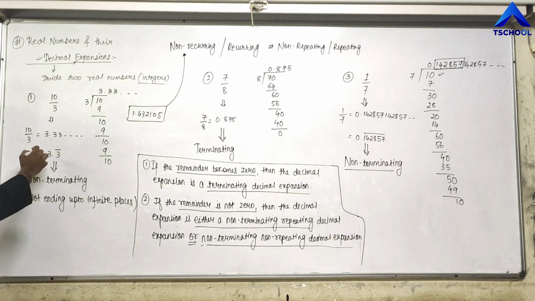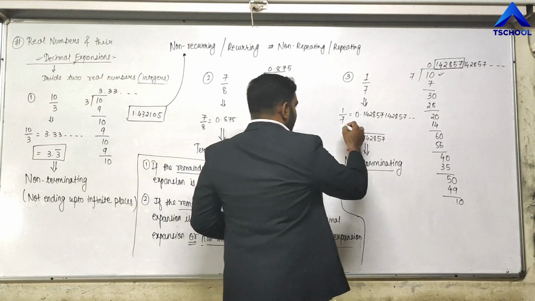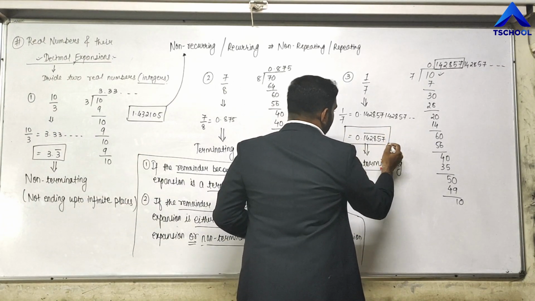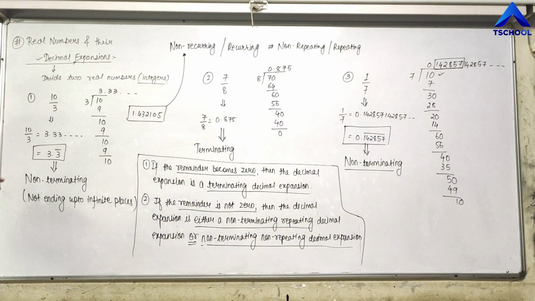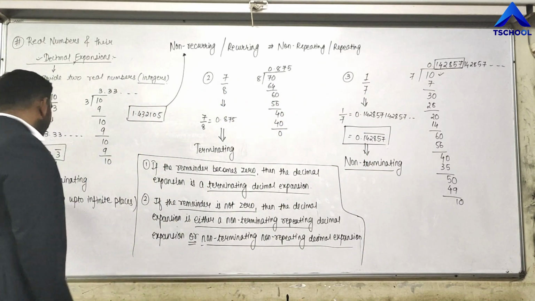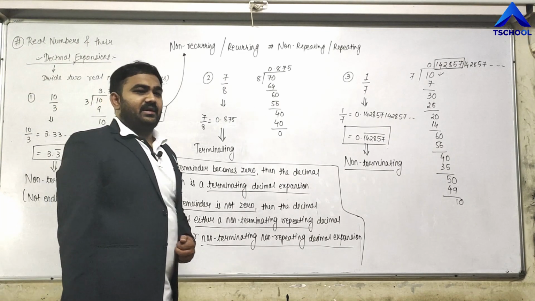And for the examples 10 by 3 and 1 upon 7, we have a block of numbers or a single number repeating, so this non-terminating decimal expansion is a non-terminating repeating or recurring decimal expansion.